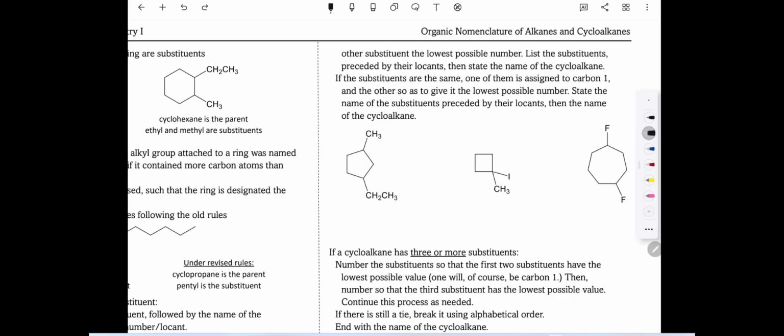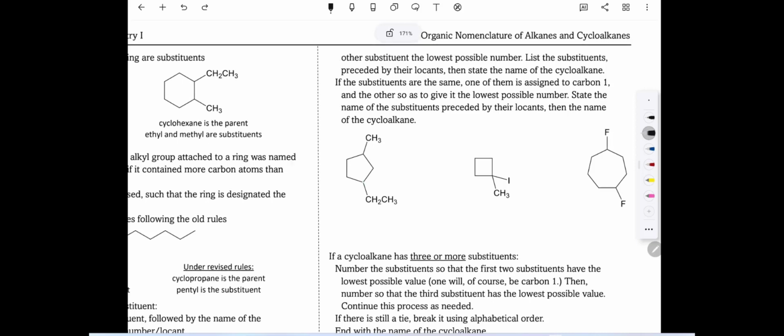So let's begin with this compound off to the left. Our ring has two substituents on it, a methyl group and an ethyl group. Alphabetically, ethyl comes first. So I will give it carbon number 1. And if I try to number going counterclockwise, I get to the methyl group in carbon number 3.